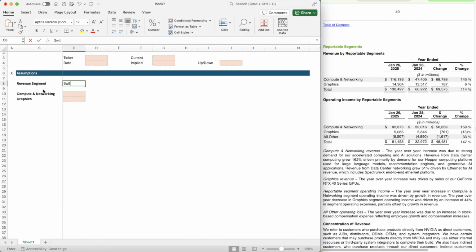And up here, put switches. Then we want bear, base, and bull. Just bold them.